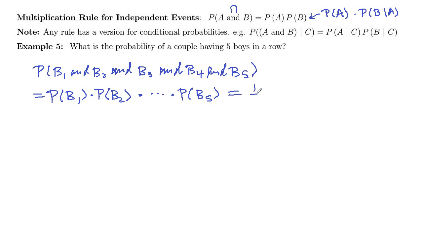So this is just 1/2 times 1/2 times 1/2 times 1/2 times 1/2, which is 1 out of 32. So if you have multiple consecutive events, if they're all independent, just multiply the probability of each separate event. So it simplifies our multiplication rule for independent events.